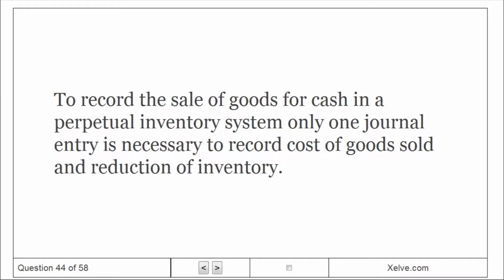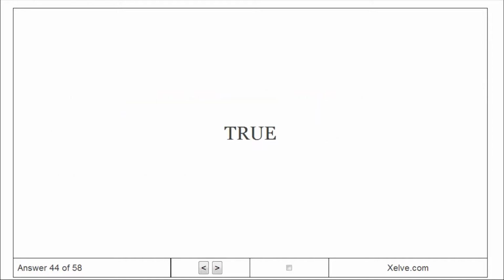To record the sale of goods for cash in a perpetual inventory system, only one journal entry is necessary to record cost of goods sold and reduction of inventory. True.